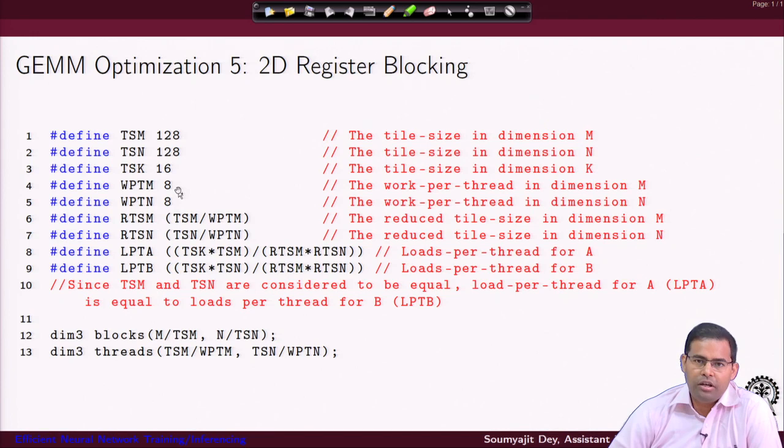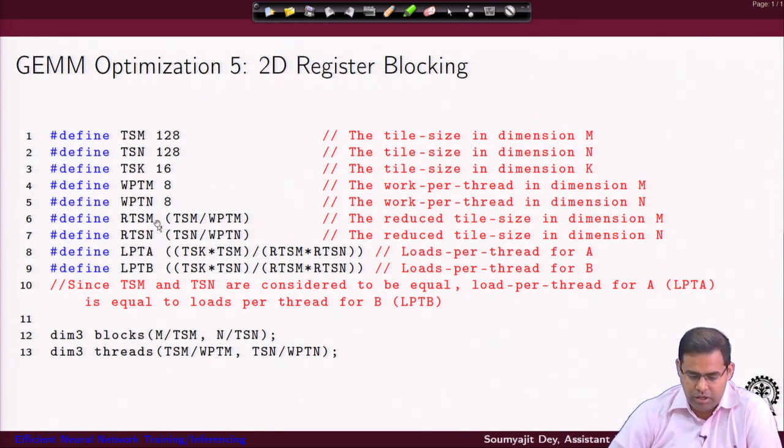We will use the same idea in terms of work per thread in dimension m and work per thread in dimension n, right. So, if we are trying to coarsen the work in both these dimensions, then we will have a reduced tile size in both the dimensions, right. So, these are tiles which will be based on the shared memory for loading data to the registers, right.